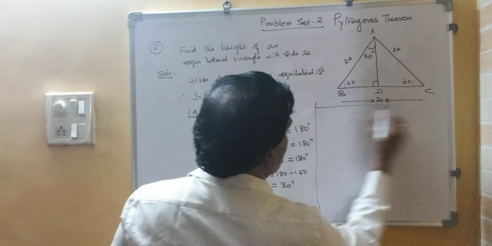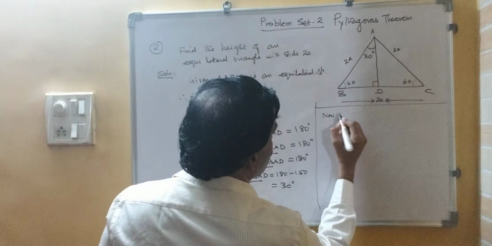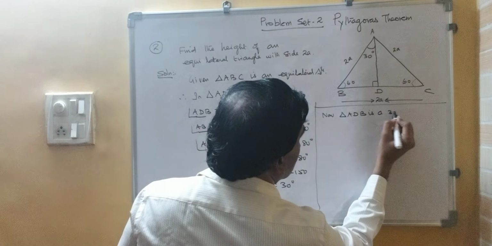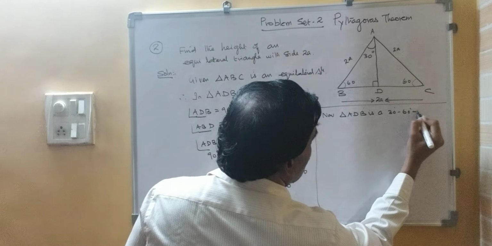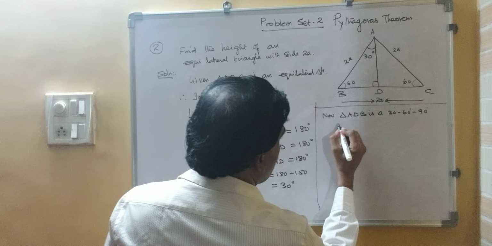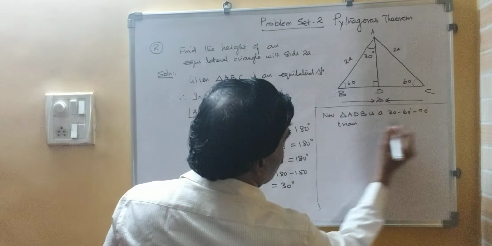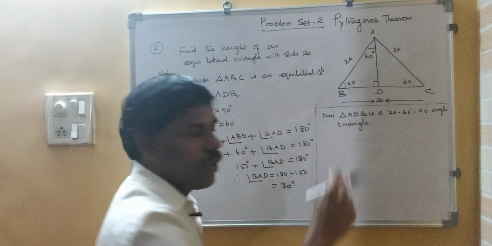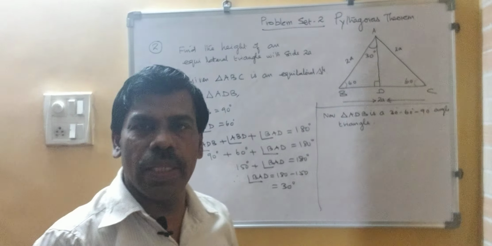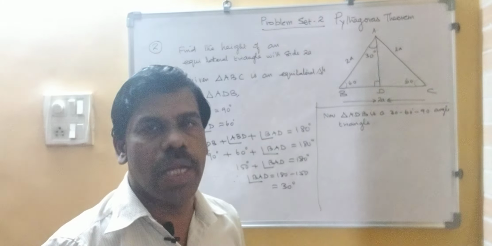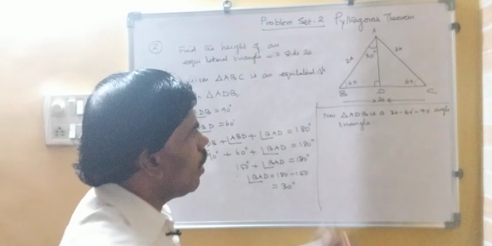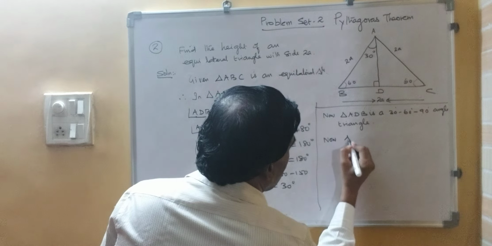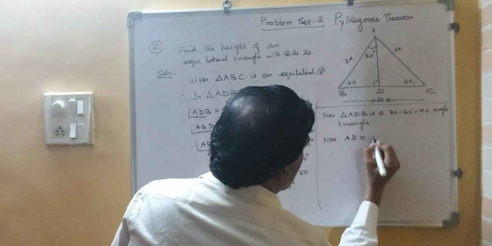Now triangle ADB is a 30, 60, 90 angle triangle. So, we have seen the result. If it is a 30, 60, 90 degree triangle, then what about this side AD?